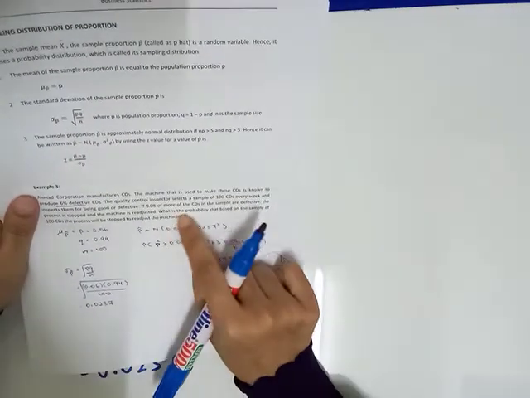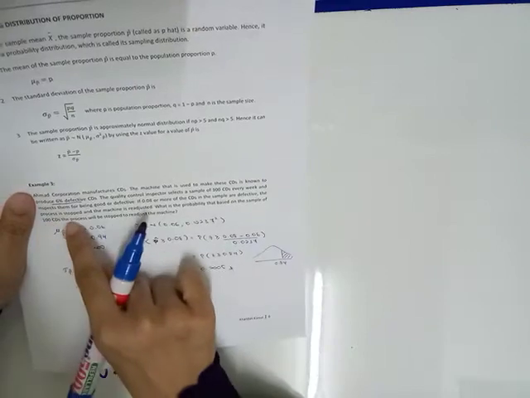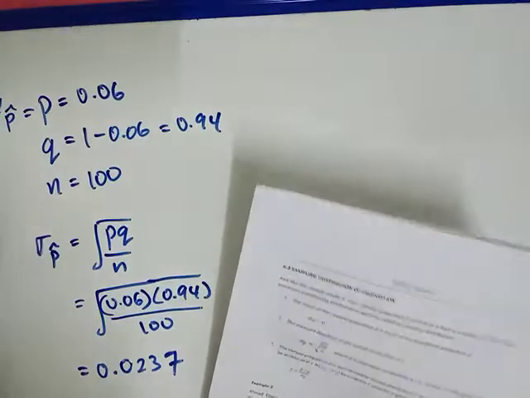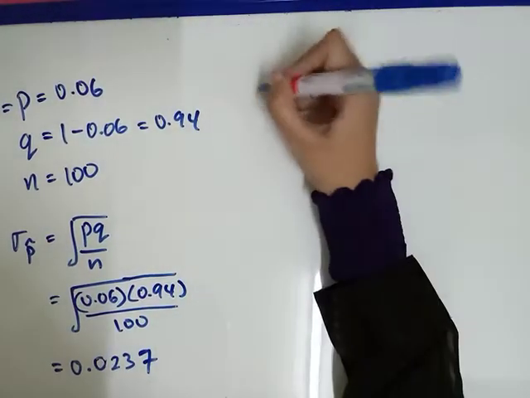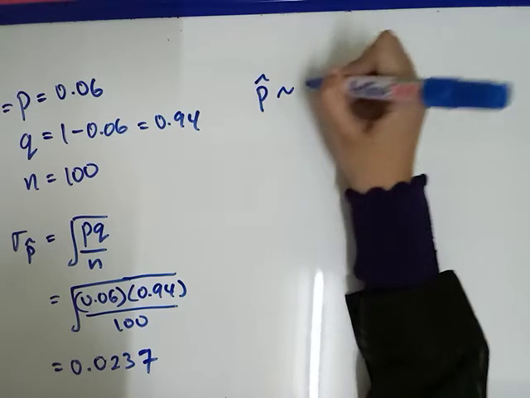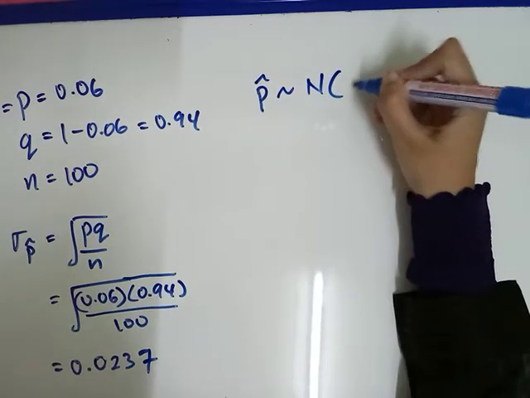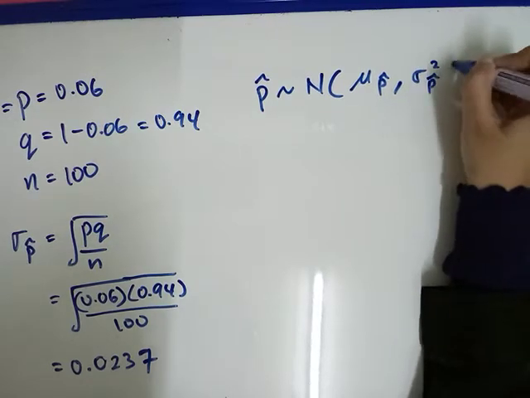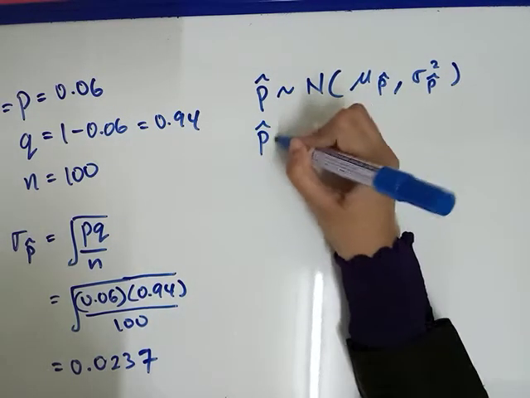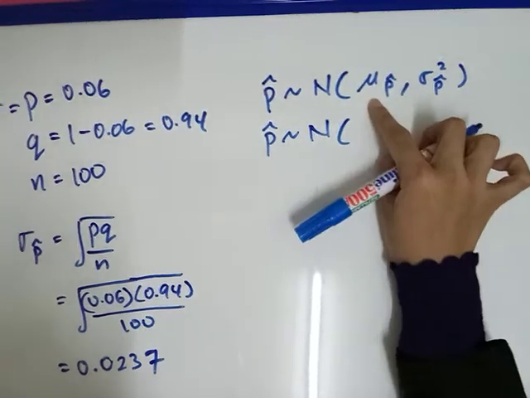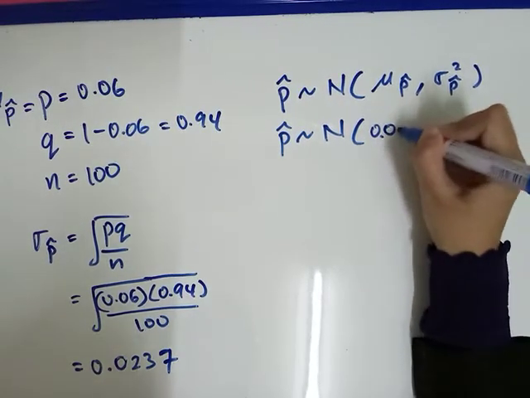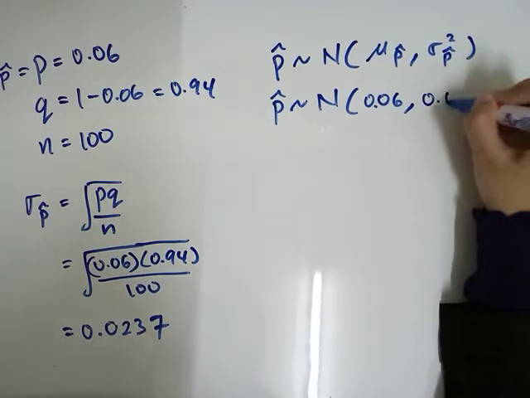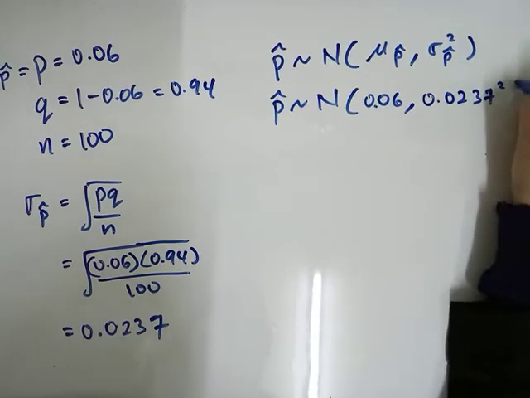And then the question asks, what is the probability that based on the sample of 100 CDs, the process will be stopped to readjust the machine? Okay, so for proportion, it is denoted as sample proportion having normal distribution with mean of the sample proportion and variance of the sample proportion. So we know that the sample proportion is normal with mean 0.06 and variance 0.0237 squared.